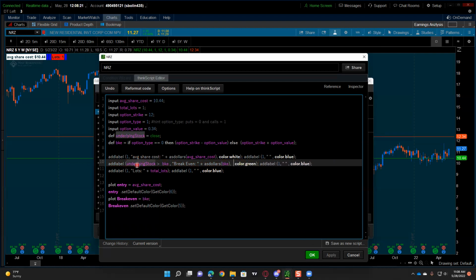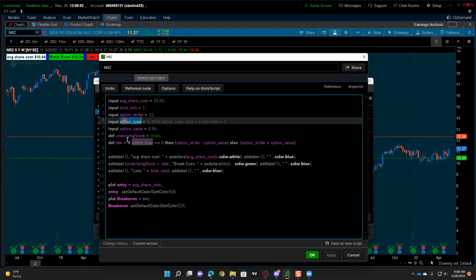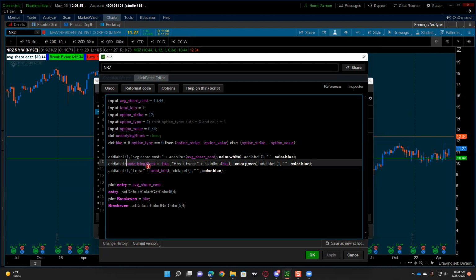So if the underlying stock is less than the break even, we'll see the break even in green and it'll be written up there. But that wouldn't be the truth for puts. So we also need to do that.